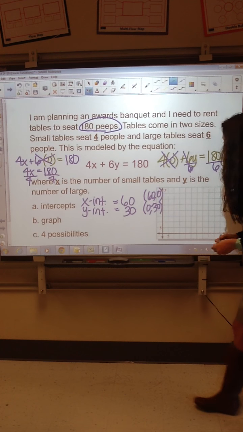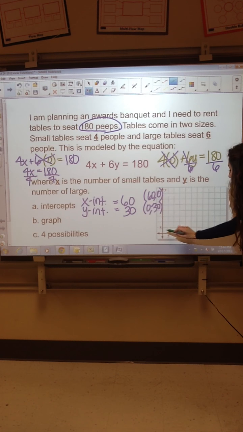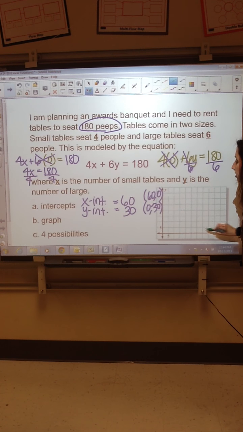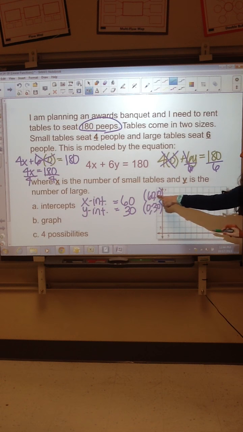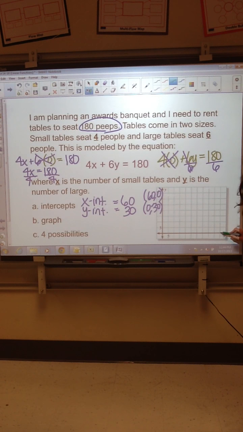So let's graph it. All of our lines are going by 5s. So we need on our x-axis, when the y is 0, x must be 60. So 5, 10, 15, 20, 25, 30, 35, 40, 45, 60. When x is 60, y is 0. Okay, that's my first point.